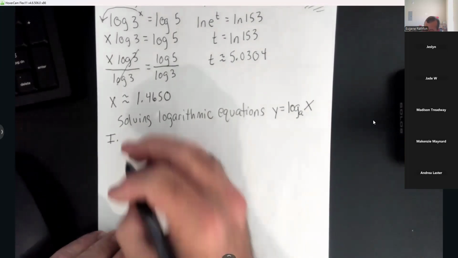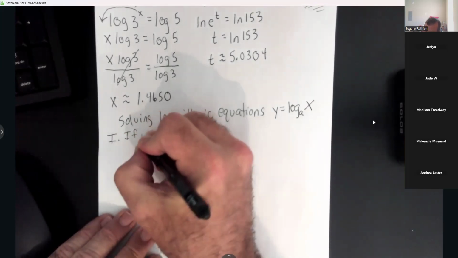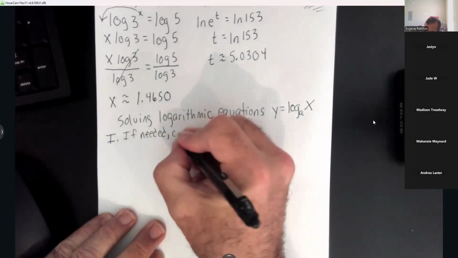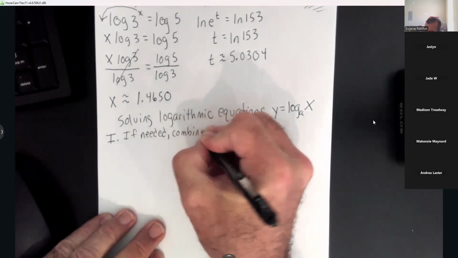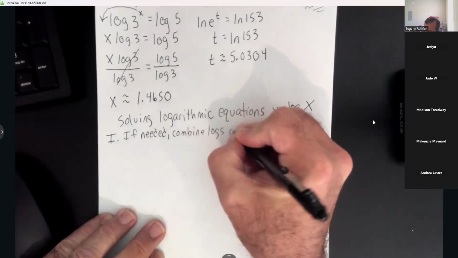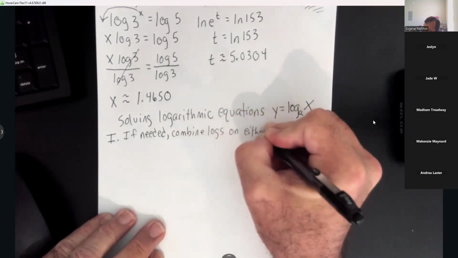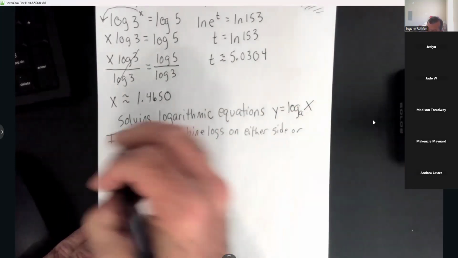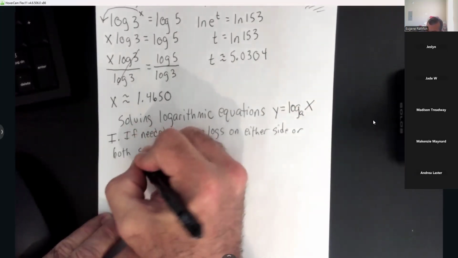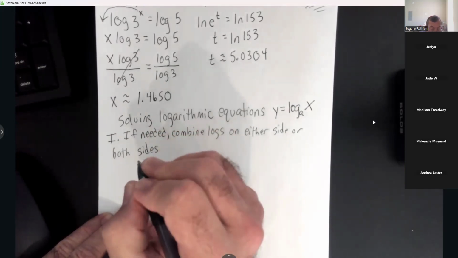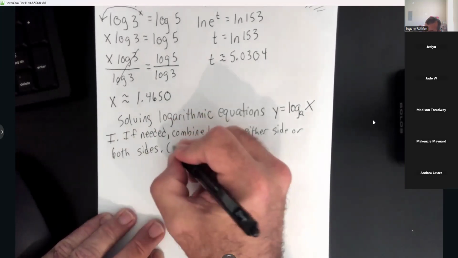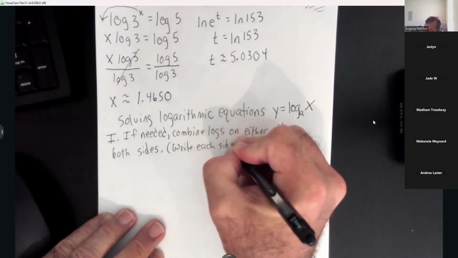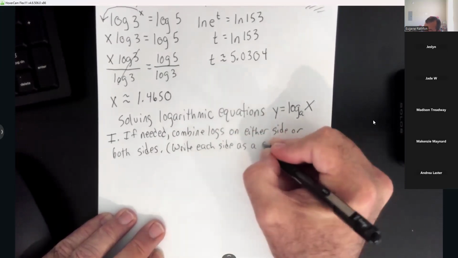So y'all, the first thing, if needed, combine logs on either side or both sides. So that means write each side as a single log.